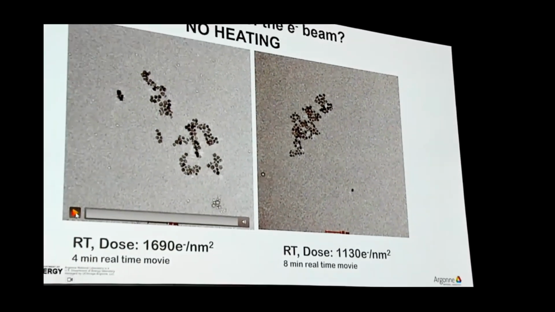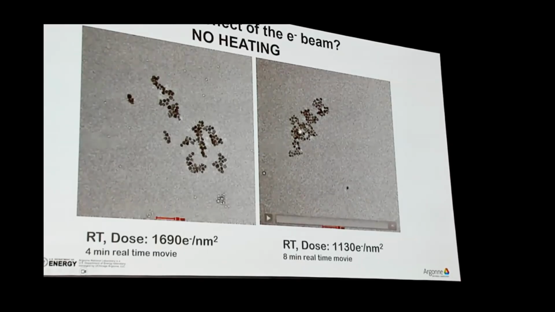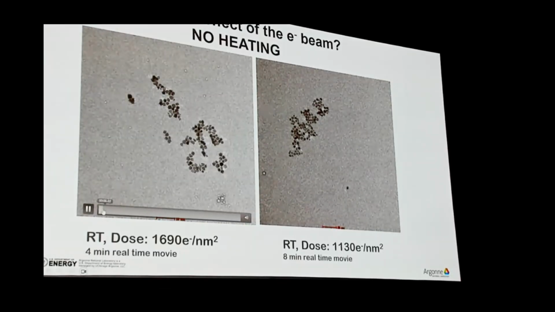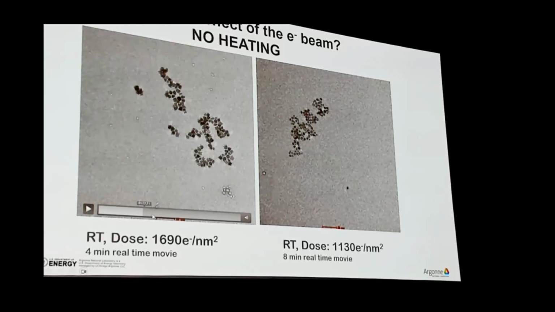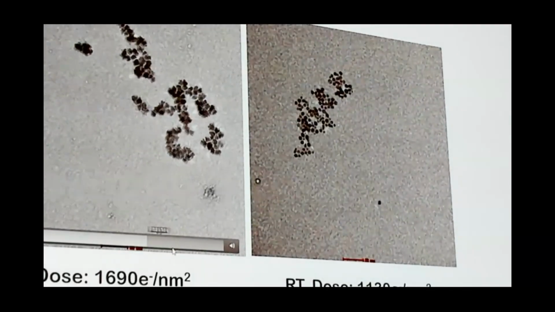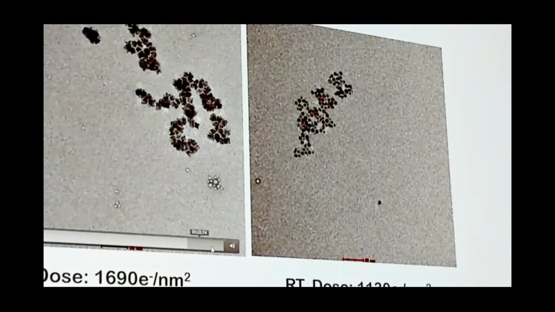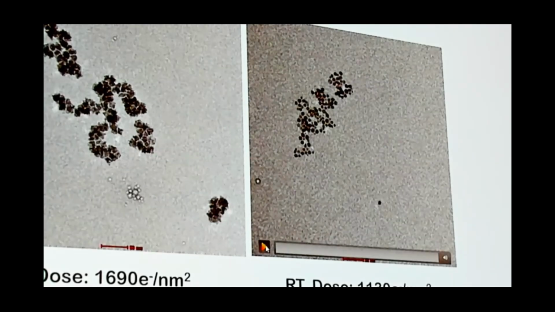So let me run this movie quickly so that you can see that in the beginning, these particles look similar to these particles. But as time goes by, they lose their spherical nature and become in these other shapes, and they come together a little bit more. They grow a little bit and they combine a little bit.